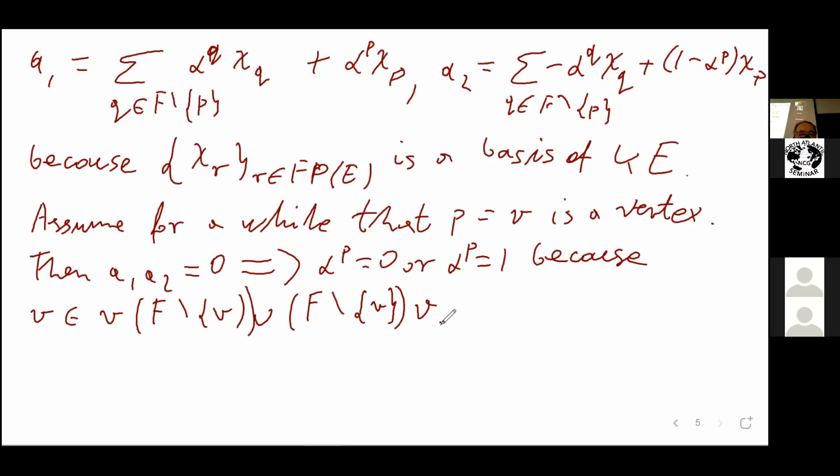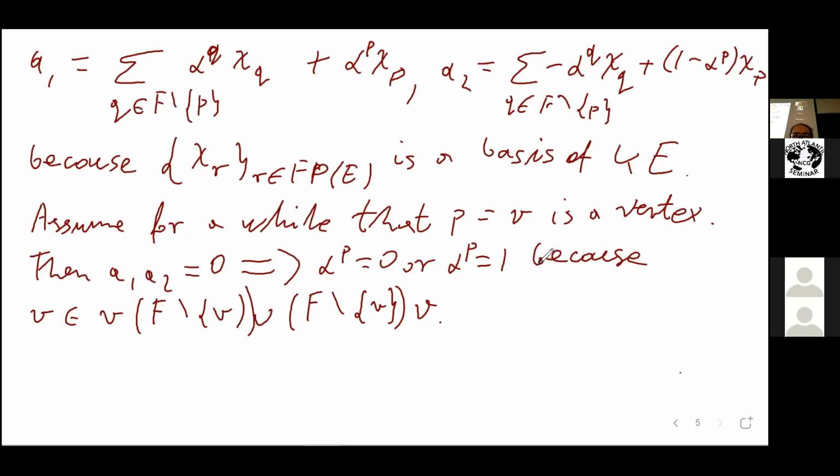Okay, let's see why it is obvious. Why do we have such an argument? I multiply A1 times A2. Okay, and then let's see what happens when I multiply these two chi p's.